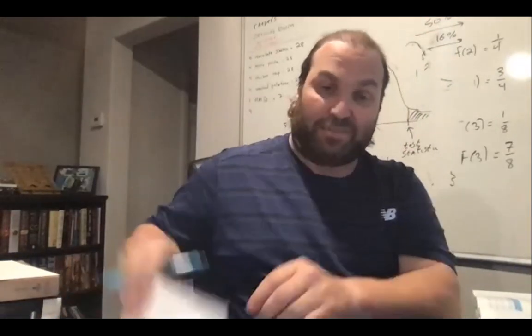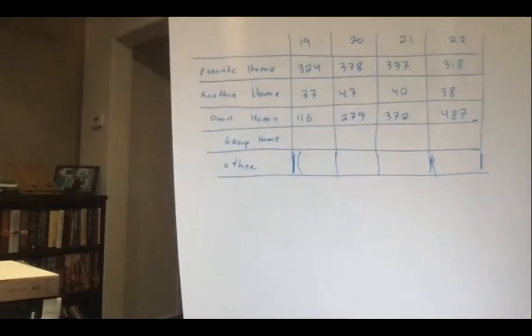Next row is 37, 47, 40, and 38. Next row is 116, 279, 372, 487.